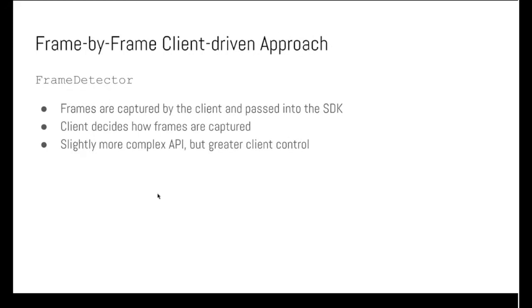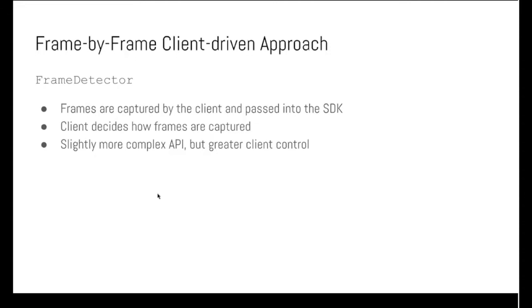The frame detector, by contrast, again puts a little more of the complexity onto you, but it gives you greater control because you're pushing each frame into the SDK one at a time, and then the SDK processes that frame as you give it, and provides you with the results.